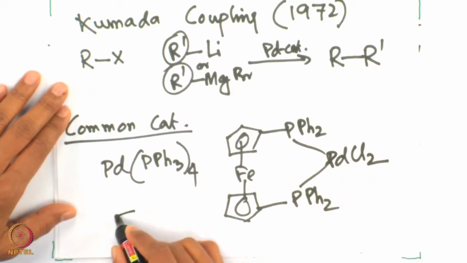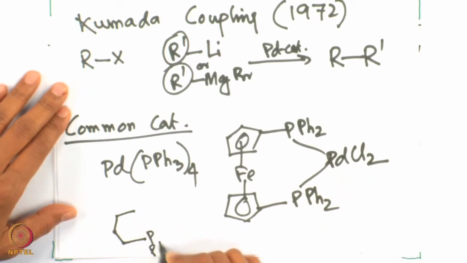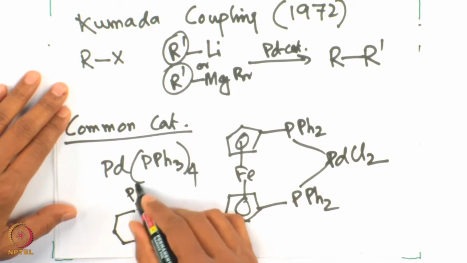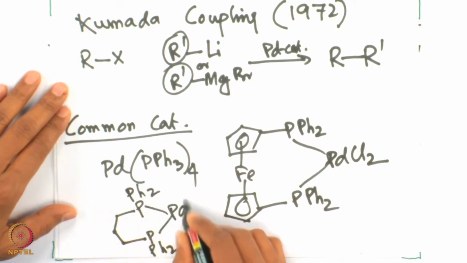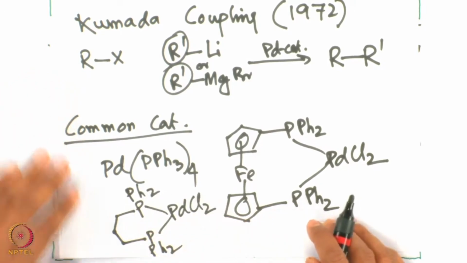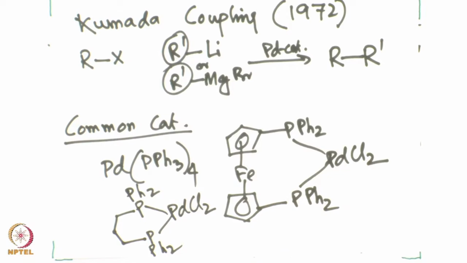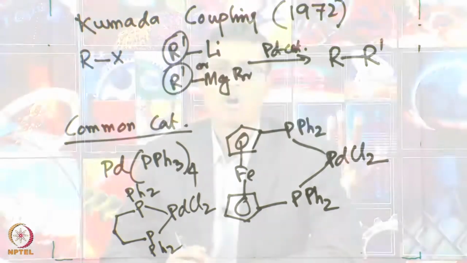Also we can have DPP as the ligand for the palladium, along with palladium chloride. Now, for the Kumada coupling reaction or any of these carbon-carbon bond formation reactions, although we need palladium 0 as a catalyst, we usually start with palladium 2, which is quite interesting.